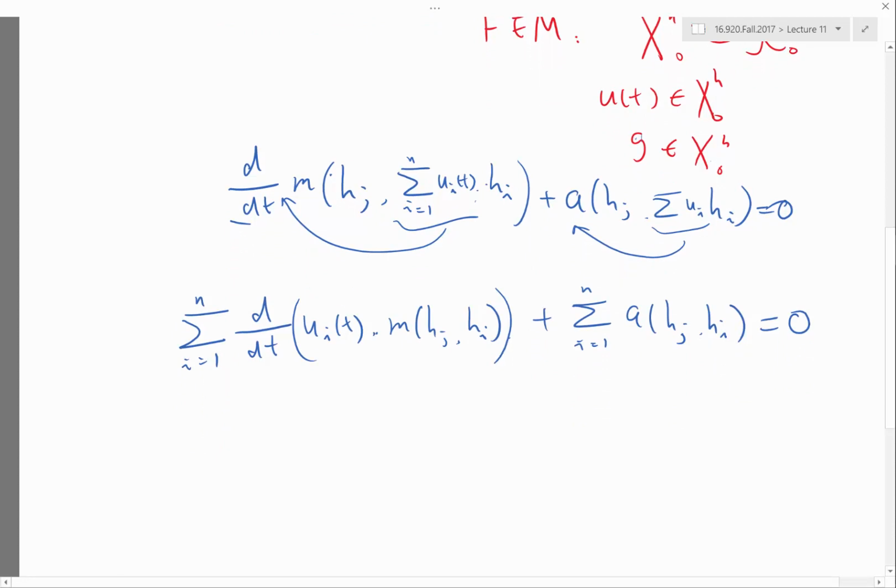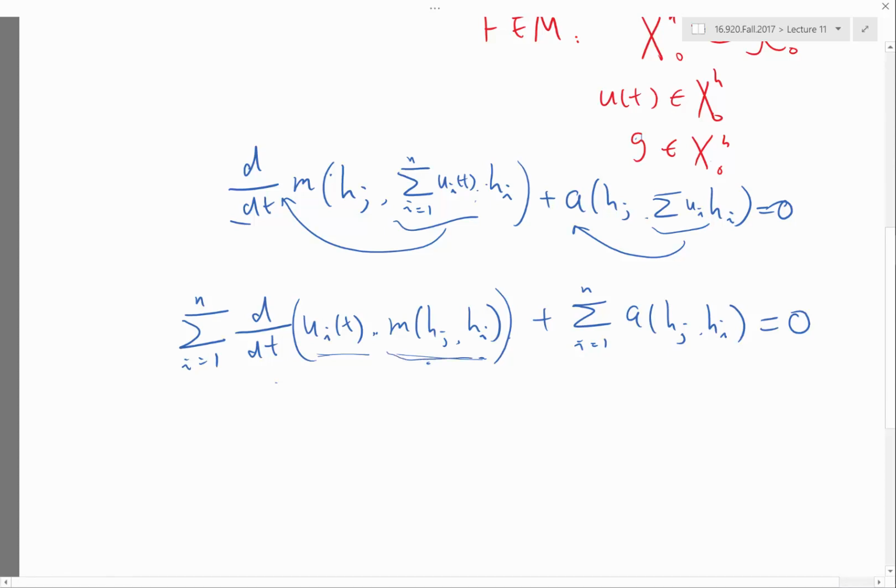Now look at the time derivative of the product of u_i and M of h_j, h_i. If I have a fixed grid, my grid doesn't evolve with time, then I can also have fixed basis functions. If my domain doesn't change, my h_j, h_i shouldn't have any reason to change.